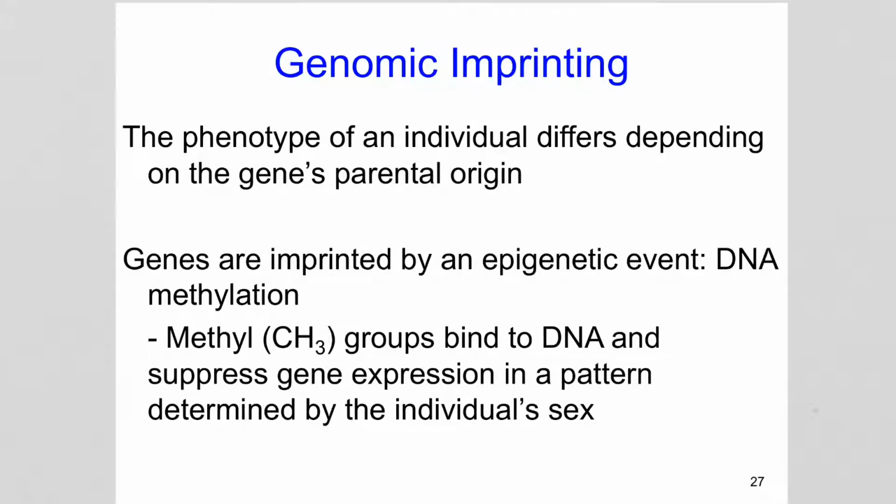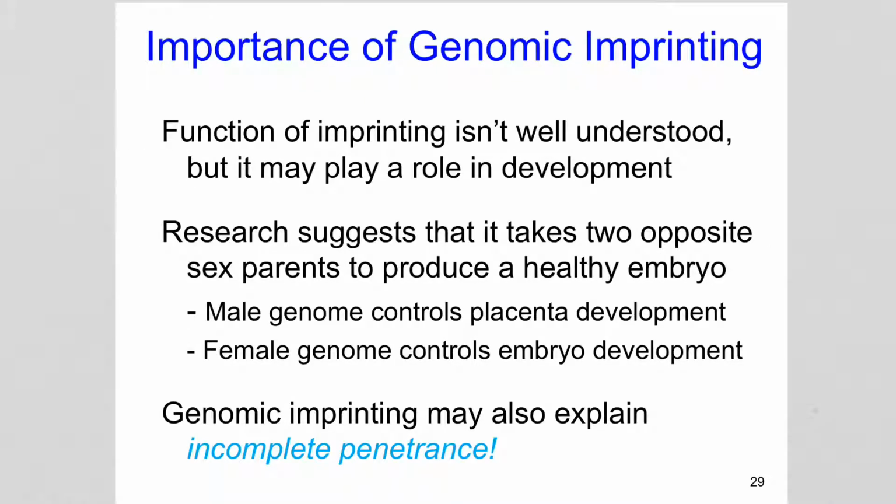So the function of this isn't very well understood, but many of these imprinted genes actually take part in early development and key proteins in the embryo. So even though we don't completely understand the function of genomic imprinting, research suggests that it can contribute to requiring two opposite sex parents to produce a healthy embryo.